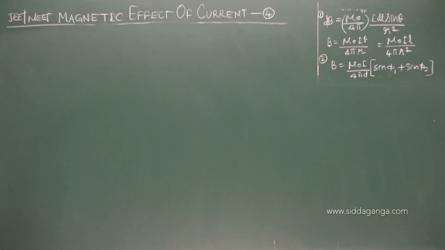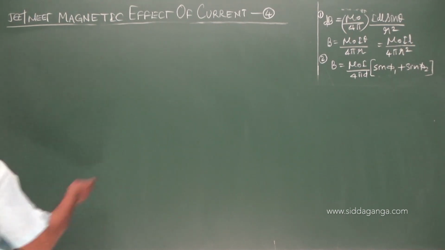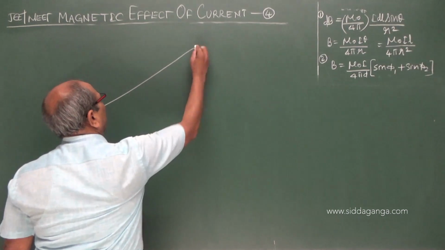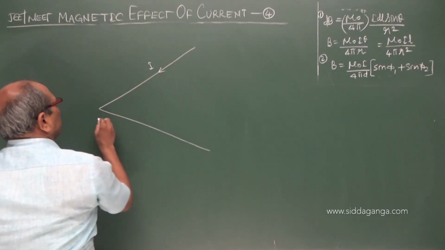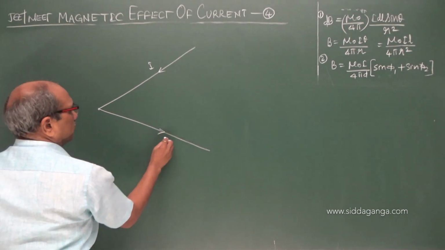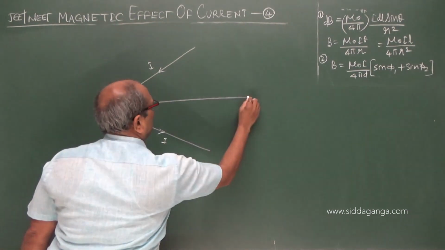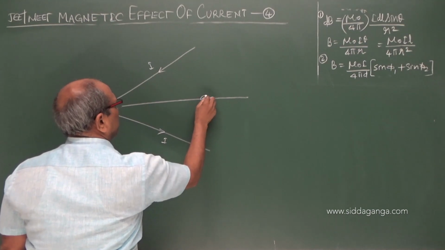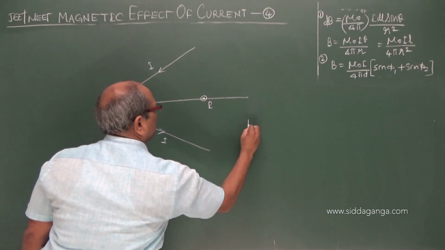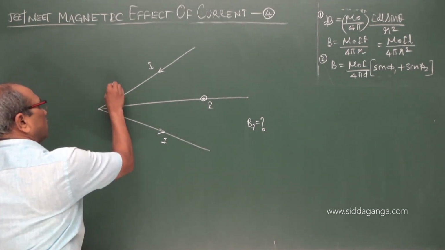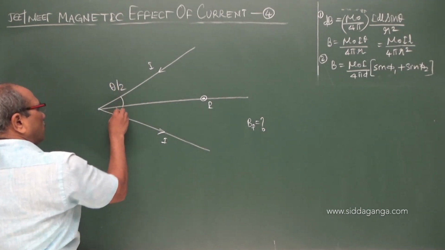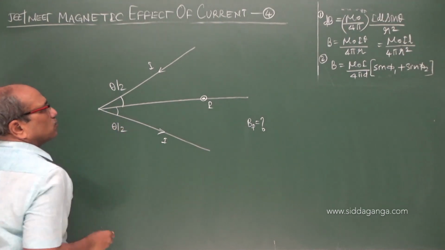So coming to the next one. Carrying the current I, bent at this point, and this is the point P where you want to find the magnetic field, and this angle is theta by 2 and this angle is also theta by 2.